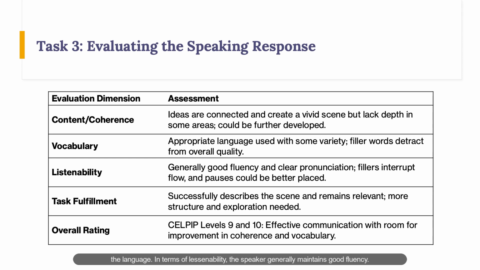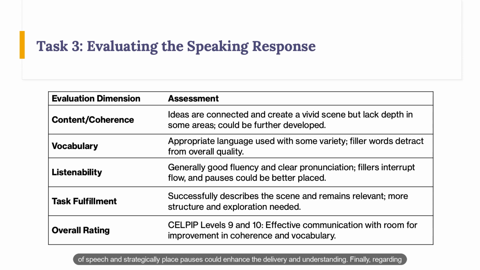In terms of listenability, the speaker generally maintains good fluency. Pronunciation is clear and the rhythm is mostly effective. However, the overuse of fillers interrupts the flow of speech, and strategically placed pauses could enhance the delivery and understanding.